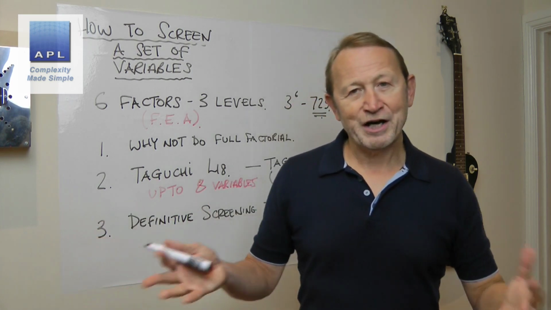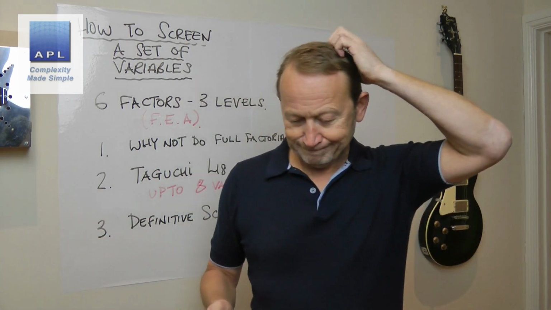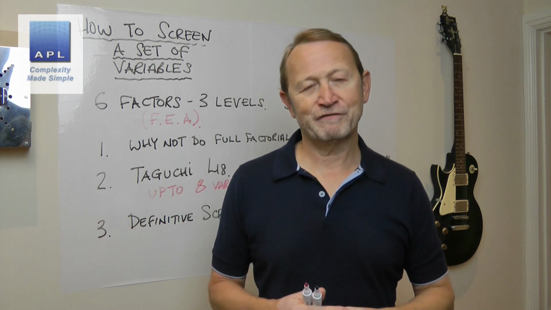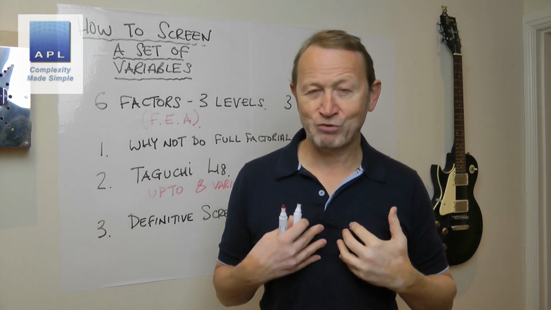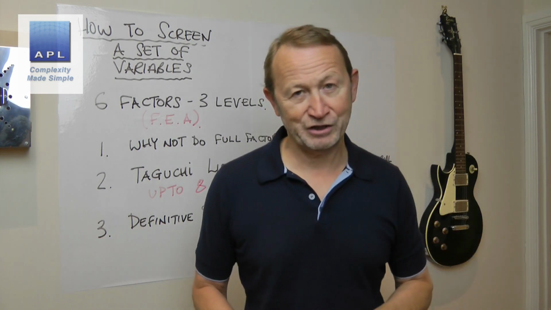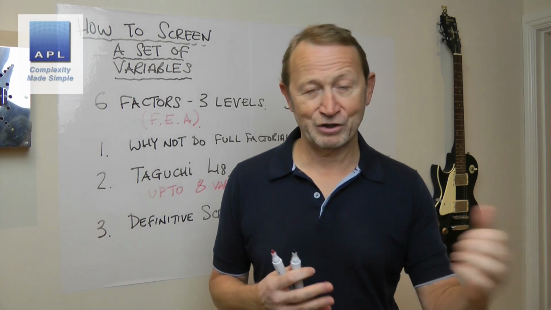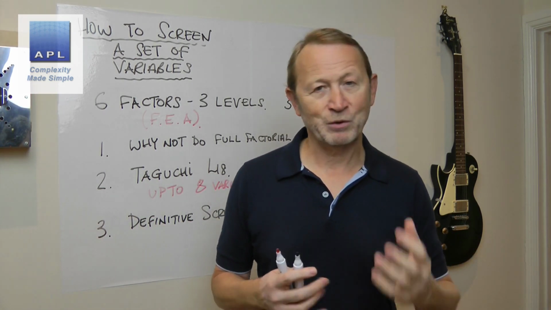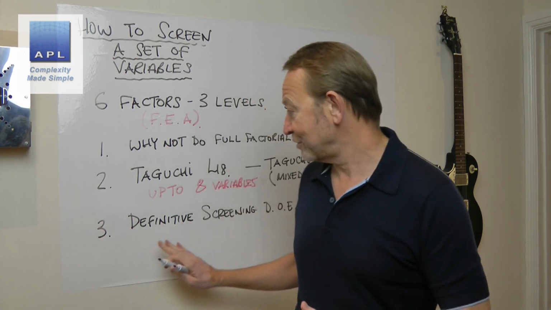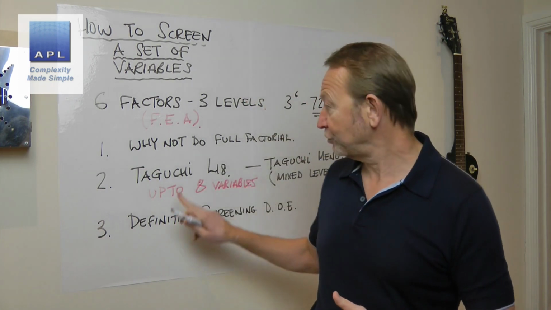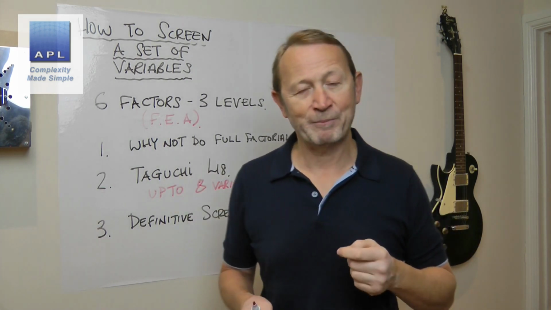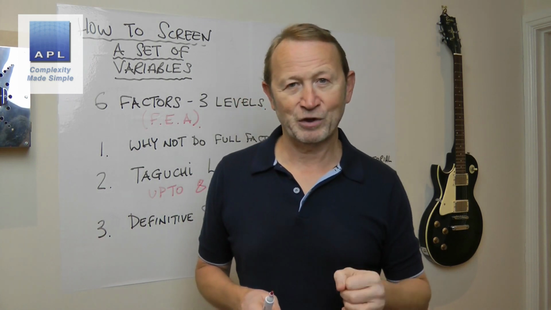Now I've got to be honest, I don't know the versions and when they had different facilities on them. I have Minitab 20 and I have definitive screening designs on Minitab 20. I'm going to show you how to do that now. But one of my questions would be, I wonder if Minitab 17 has this on there, and it may not, in which case the L18 is going to have to be your weapon of choice, because the L18 will be on there.